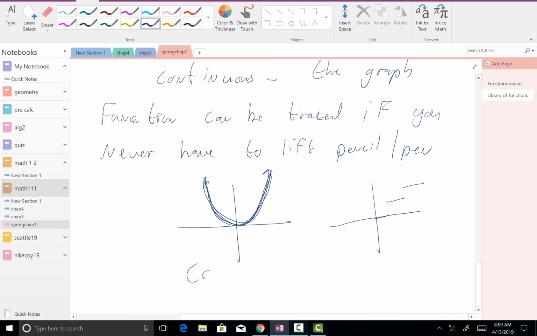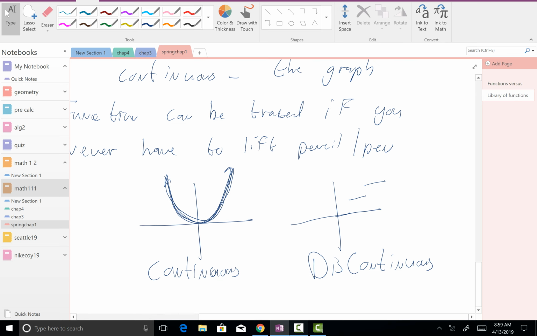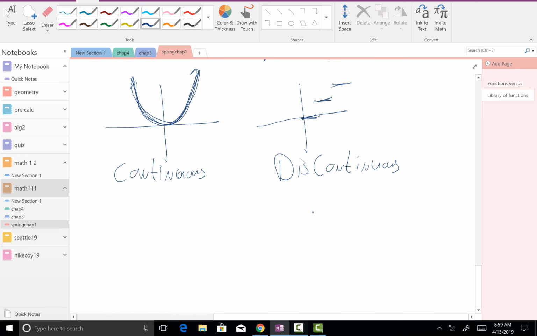So this one is continuous, and this is not continuous, or what we call discontinuous. Whenever I have to lift that pencil. Same thing with that rational one that we did. Lift to finish it, okay? They don't do a lot with that, but a little bit.